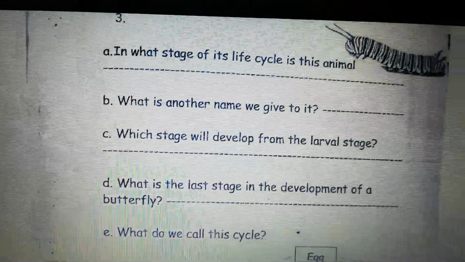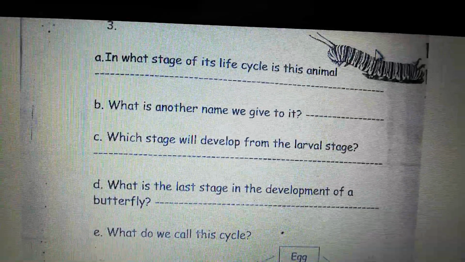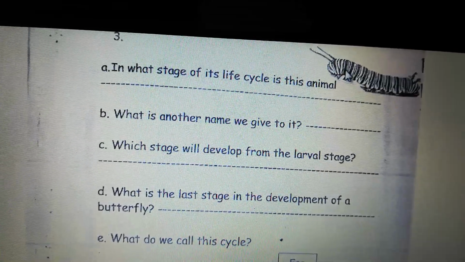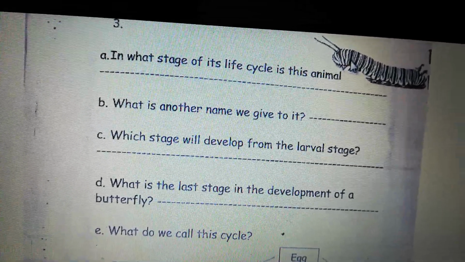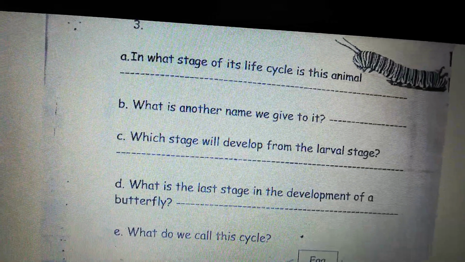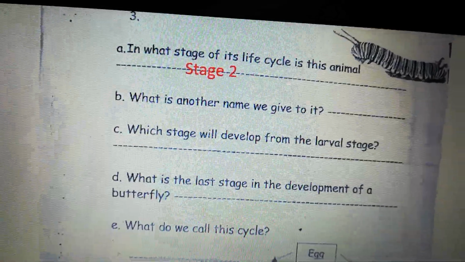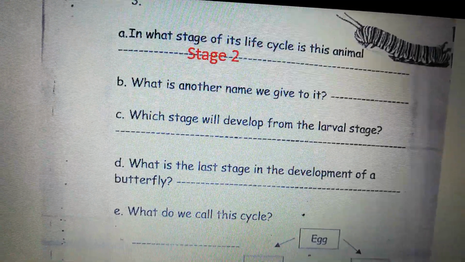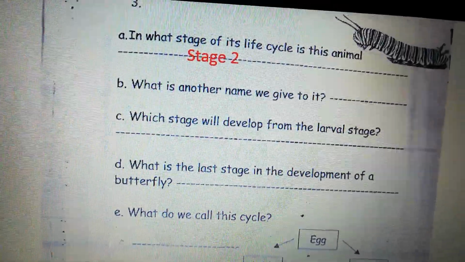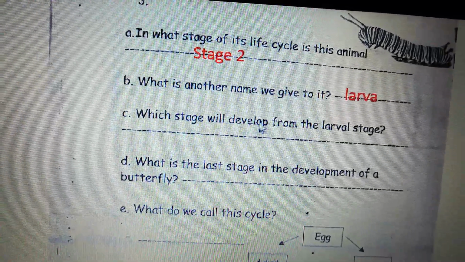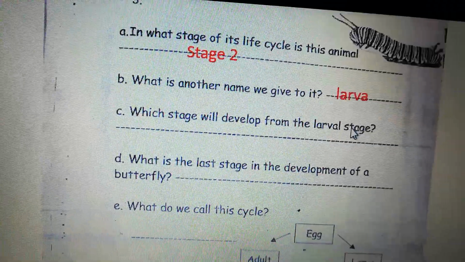Now, if you look at this one, this is a caterpillar. In what stage of its life cycle is this animal? So we said before that the caterpillar is in stage 2. What is another name we give to it? So we say that this is a caterpillar or a larva. Which stage will develop from the larval stage?